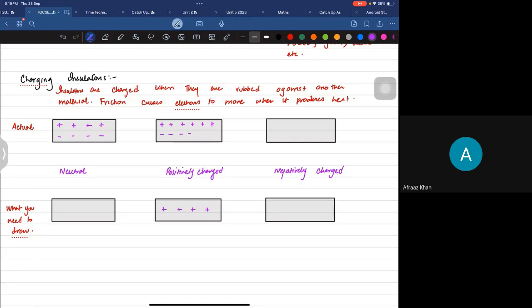Now, if something is negatively charged, it has positives but also negatives which are greater in number. So when there are more electrons, we show it as a negatively charged material. We do not show protons in it. So you guys need to remember that as well. Okay, kids? Right.